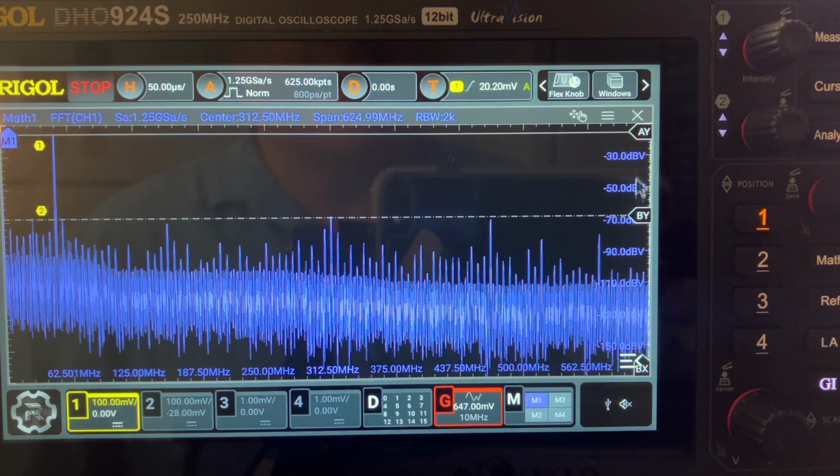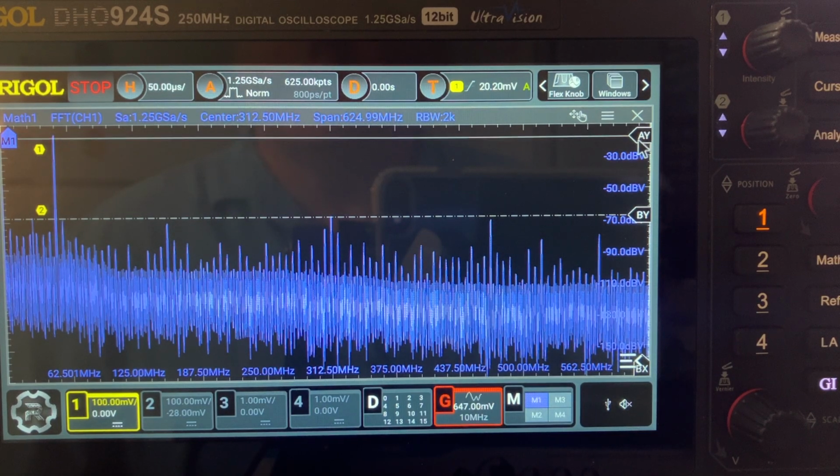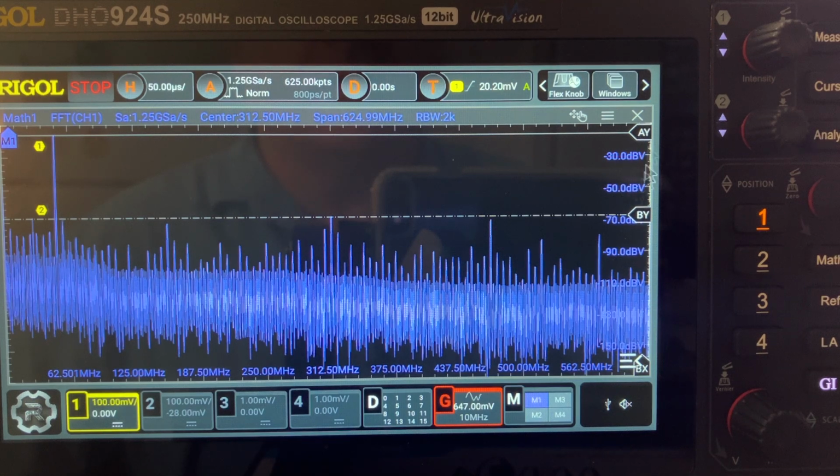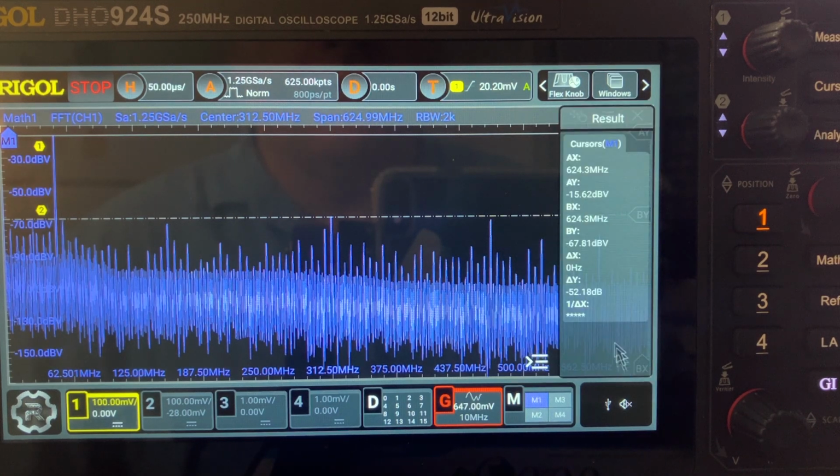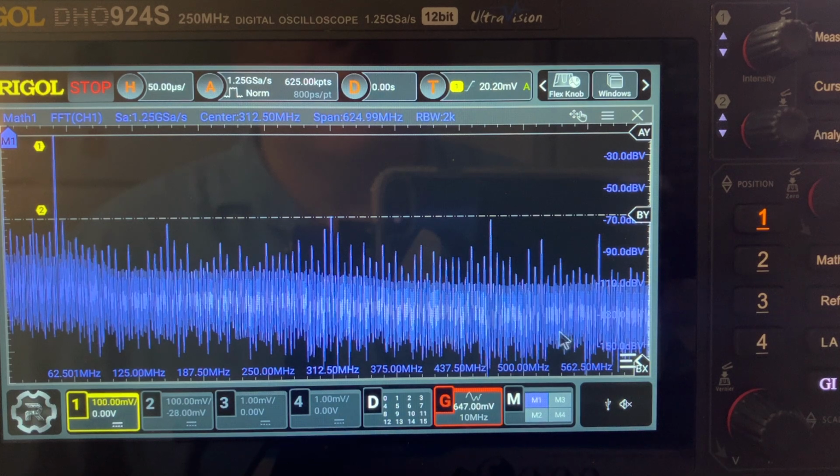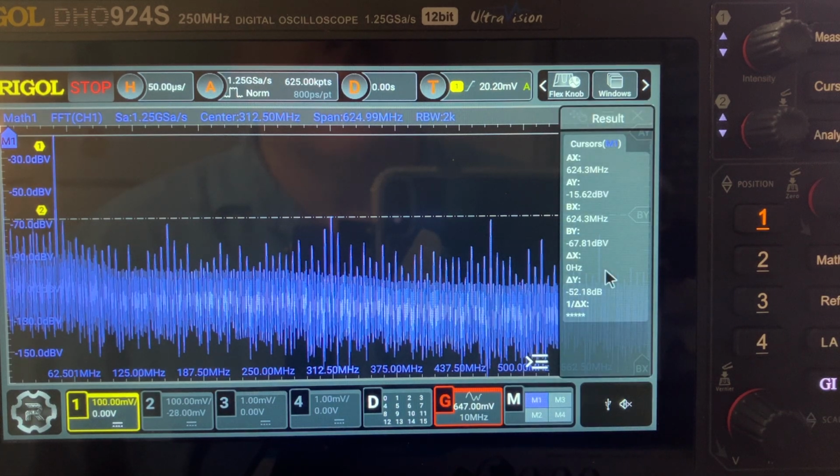So it's about there. It's easier to drag it. Strangely, they put the display on top. If there were on the left part instead of the right part, we could be able to drag it and looking at the result. So we got 52 dB delta of signal to noise from this thing.